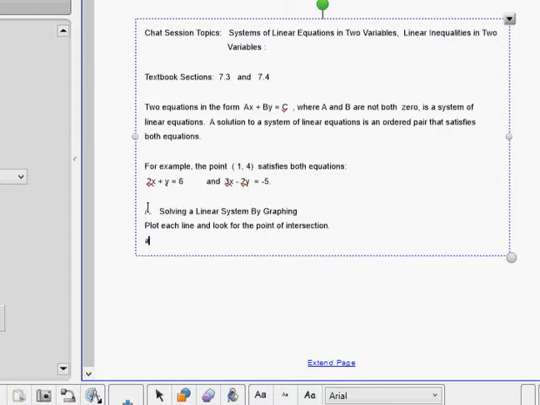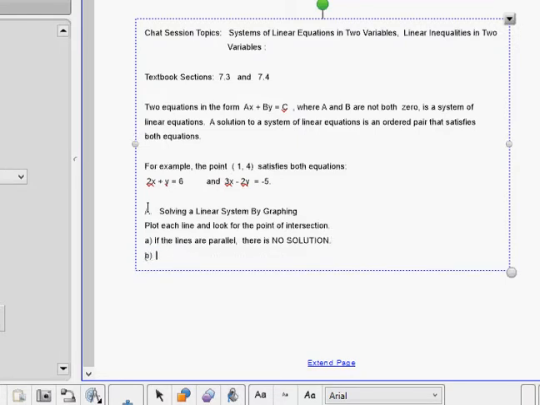But keep in mind, if the lines are parallel, there is no solution because the two lines will never intersect. If the lines are the same line, then there is an infinite number of points of intersection.